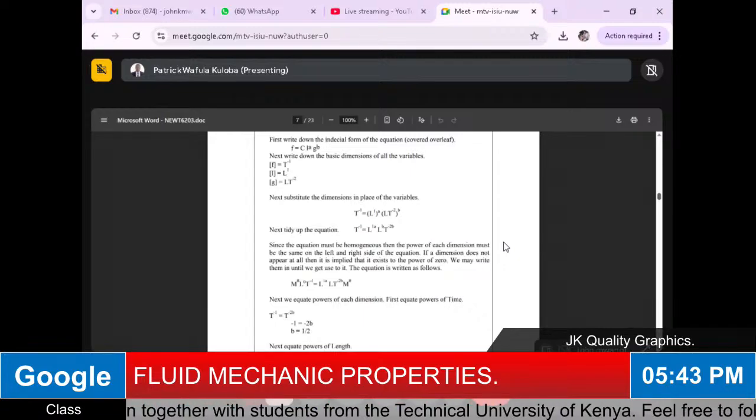For L, there's no L on the left-hand side.